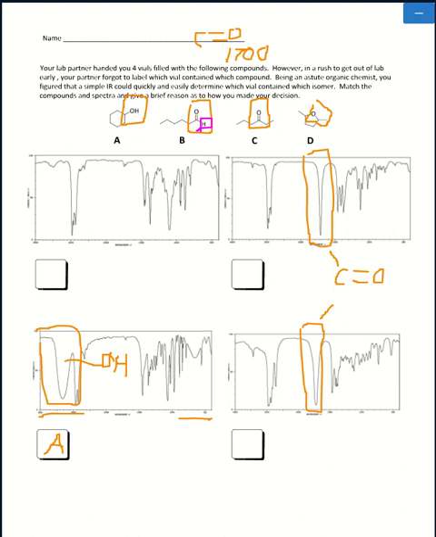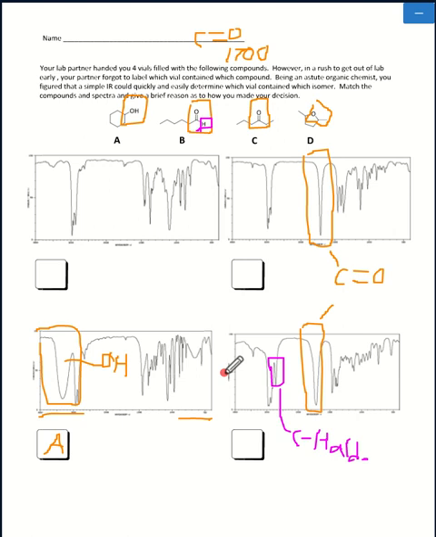And that shows up more around 2800 and 2700. Effectively, it's going to be this little corner right here, this little separate guy. This peak infers that there is an aldehyde hydrogen, a C bonded to a hydrogen as part of an aldehyde group.